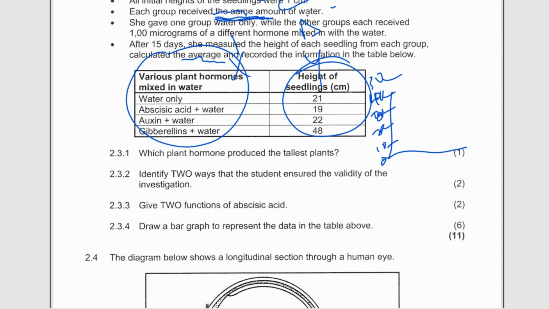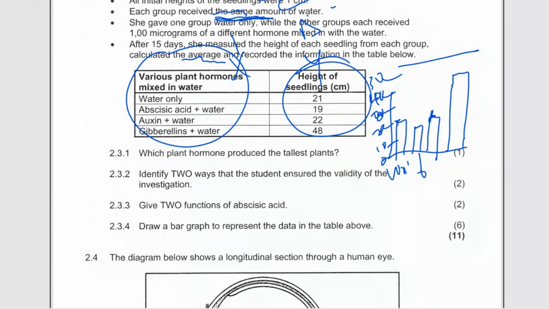You'll find out that the first one is 21, so maybe it's around there. And this one is 19, maybe around there. You leave a space because it is a bar graph. Then the 22 is around there, and then 48 is around there. So basically like that. Then you write water, then abscisic acid plus water, then auxins plus water, like that.